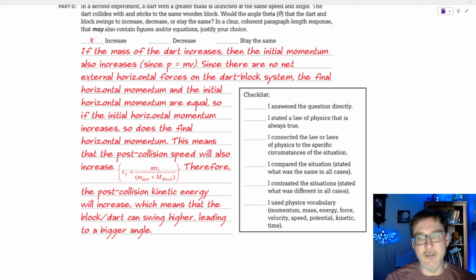Contrast the situations, what was different, and make sure throughout this you use the proper vocabulary, not just words that you make up or words that have a different meaning or connotation outside of physics. So again, this checklist is going to be important. I would say definitely write it down or put it somewhere, make a note of it somehow.